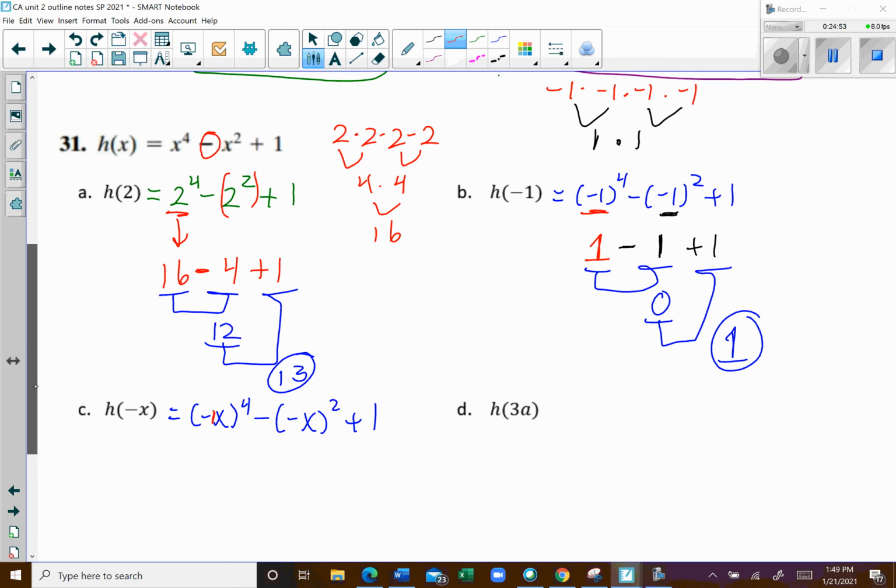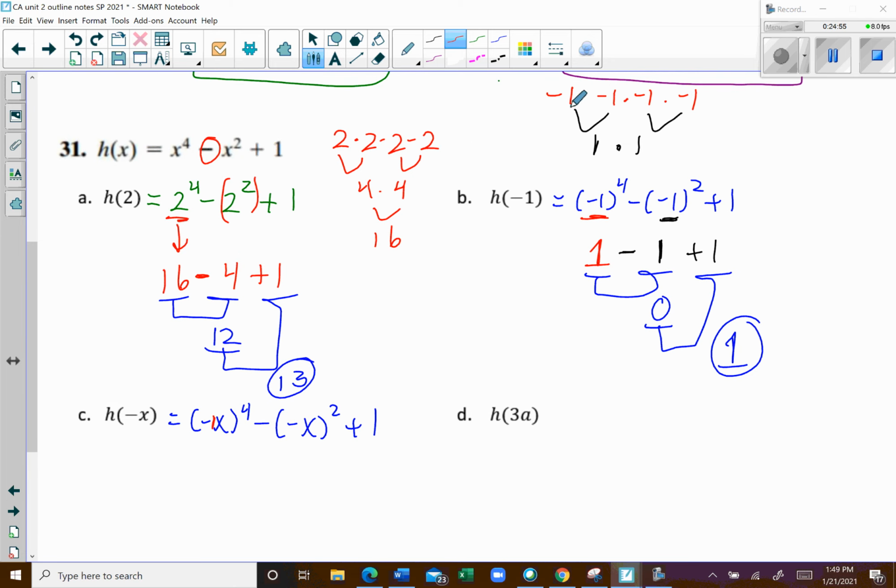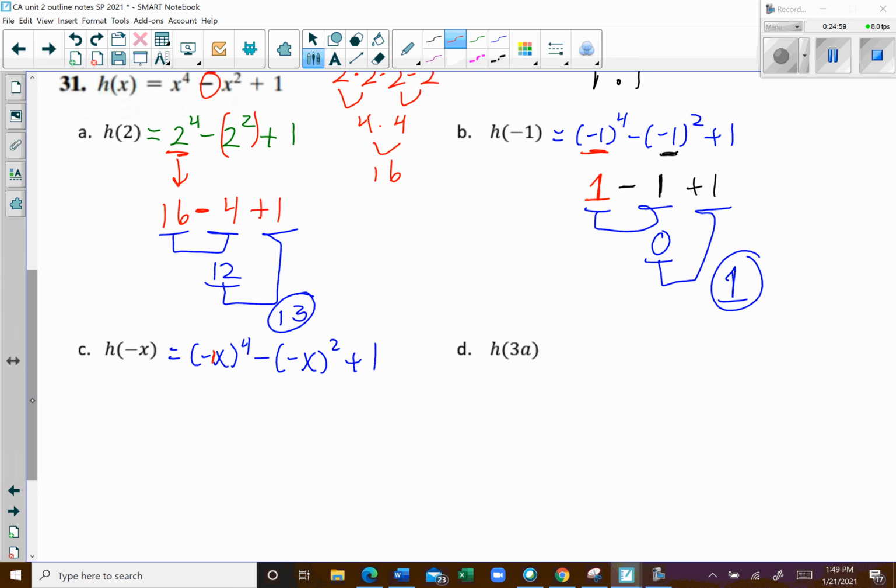And what I showed you up above, if you have negative 1 to the power of 4, it does turn positive 1. So that's going to cause this to turn into a positive x to the power of 4. Then we do have our minus sign. And then once again, I have that understood negative 1 in front. So when it gets squared, it becomes positive. So it's going to be positive x squared. And then we have that plus 1 right there.